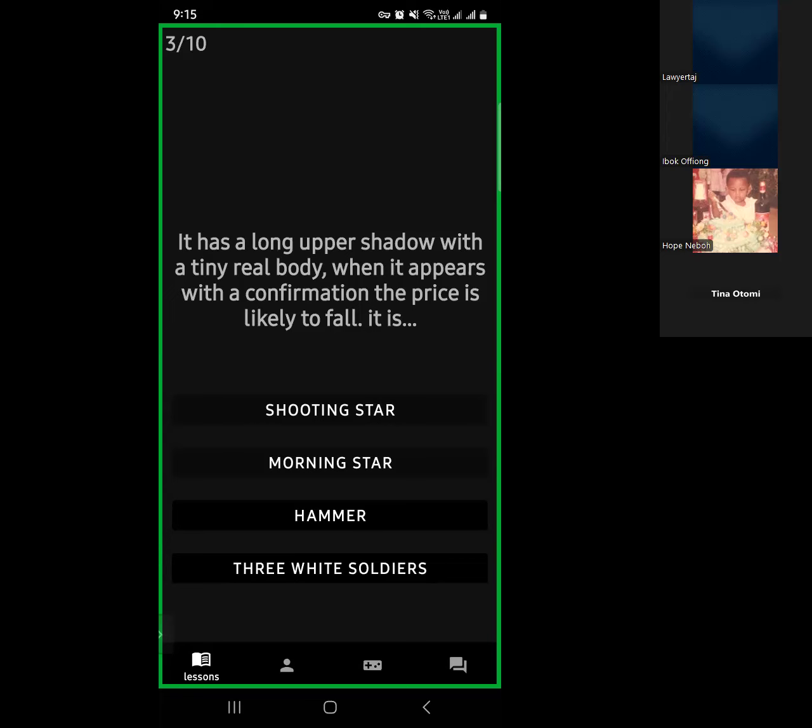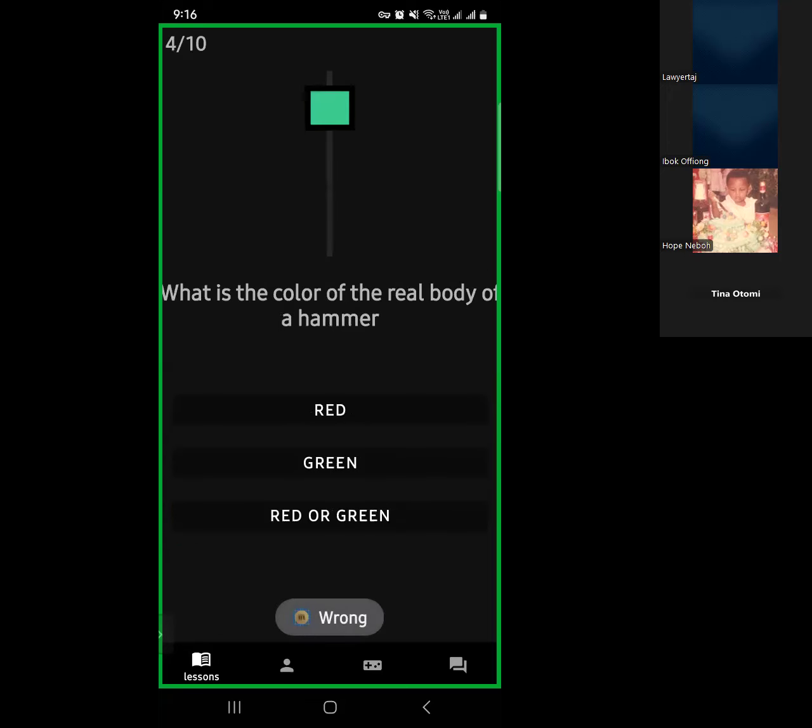When it appears with a confirmation, the price is likely to fall. John, you say hammer. Michael, you say hammer. Now when I say hammer, if we fail, the thing will bring us back to square one. You see now it's wrong.